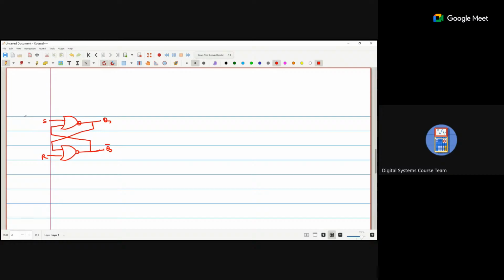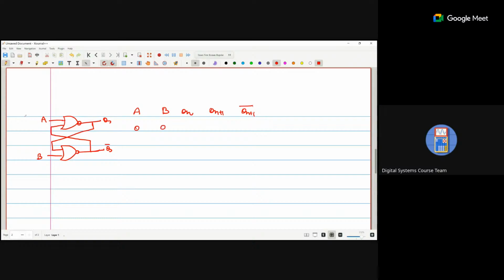Okay, so again, if I take the table, as I'm not mentioning it as SR, I'm mentioning it as A, B, Qn, Qn plus 1, Qn plus 1 bar.